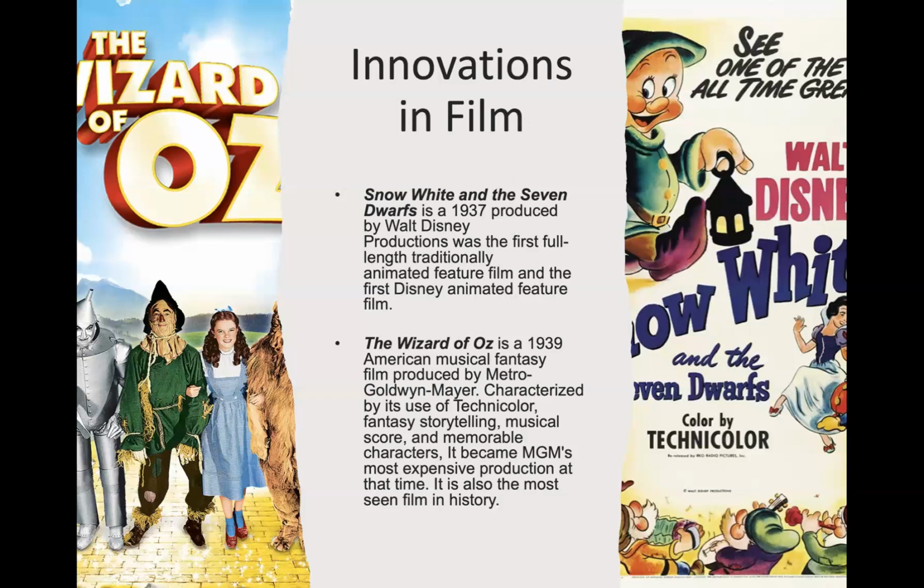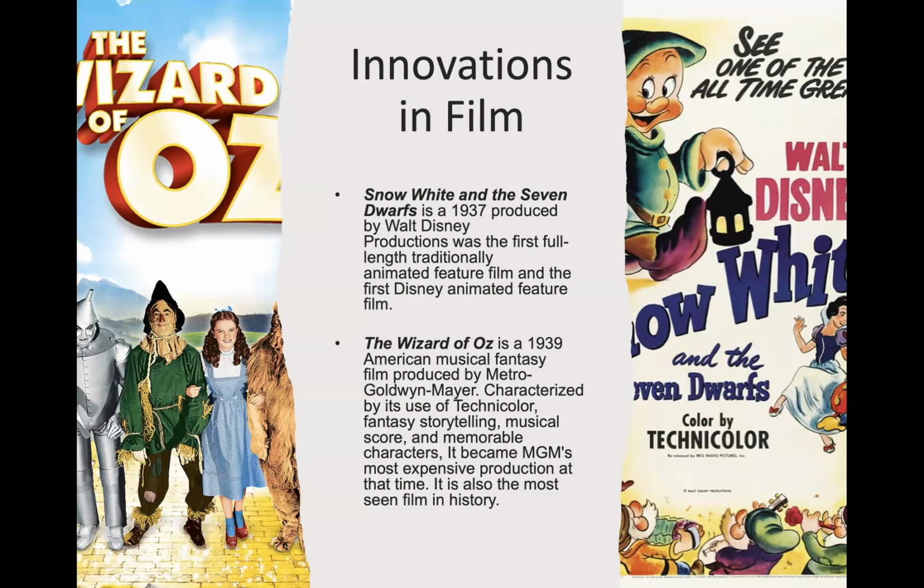And then we have The Wizard of Oz. It was in theaters in 1939. It, of course, is an American musical. If you've never seen it, it starts out in black and white and then goes into Technicolor. And this was the first time that we saw Technicolor on the big screen outside of animation. Everything was black and white until then.